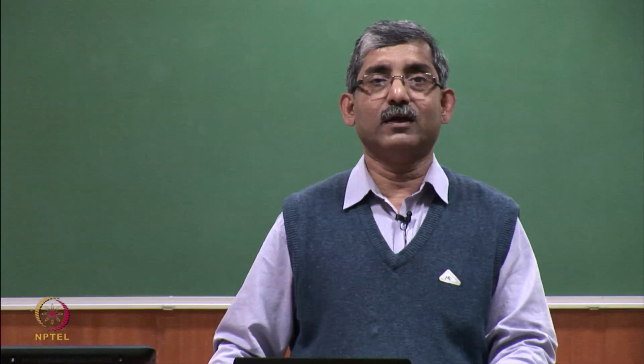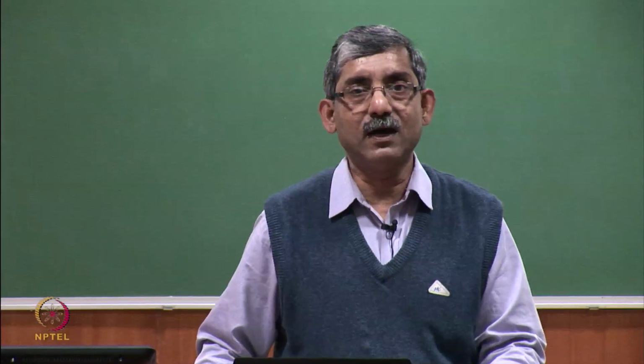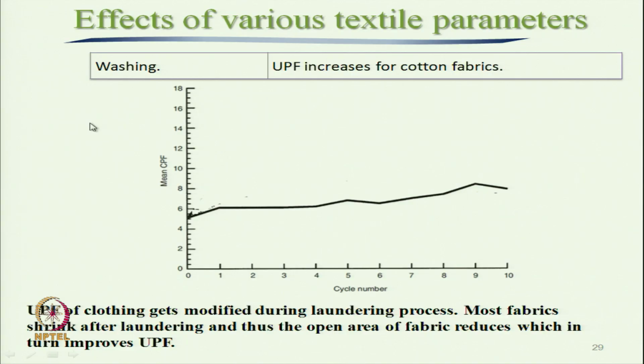That effectively increases the UPF value. Here we can see the number of laundering cycles. If we increase the laundering cycles, the UPF value increases. So, the UPF of clothing gets modified during the laundering process. Most fabrics shrink after laundering and thus the open area of fabric reduces, which in turn improves the UPF value.